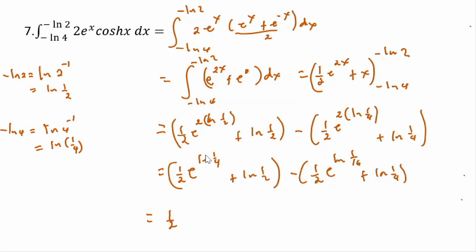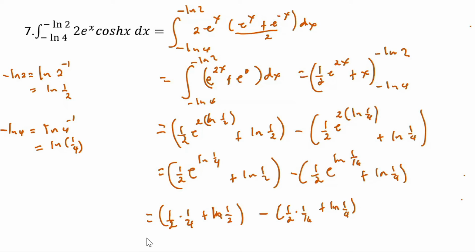Then simplifying further, we can write now 1/2 times the e raised to ln. We can cancel the e raised to ln, so we just write here 1/2 times 1/4 plus ln of 1/2, minus, in similar manner with the first term, 1/2 of 1 over 16 plus ln of 1/4.